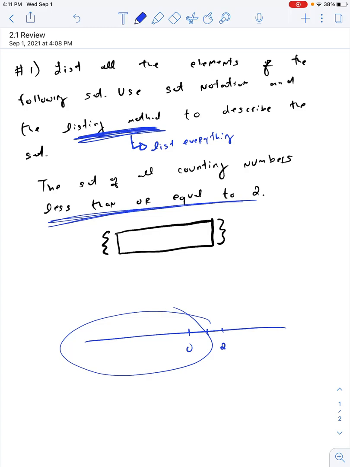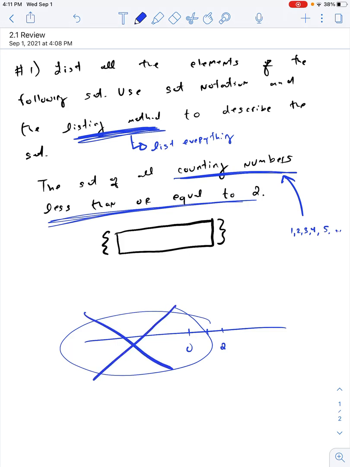But then we have counting numbers, and it's important to understand what counting numbers means. Think of a child when they start counting. Counting numbers, the child starts at 1. So counting numbers are like 1, 2, 3, 4, 5, and so on. So we don't have to include these negatives.